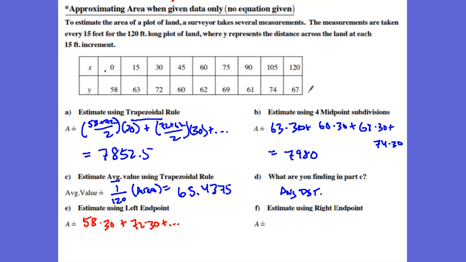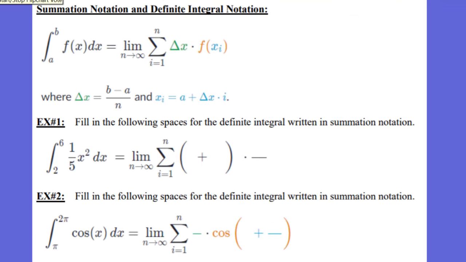If I'm using the right endpoint, I'm starting off with 67 times 30, plus 61 times 30, plus and so on. And you can see if I'm using the left endpoint, and of course I'm still just sticking with four numbers, I'm going to get approximately 7785. This one, 7920. Okay, and that is if I'm given a table of data. Okay, so let's move on.